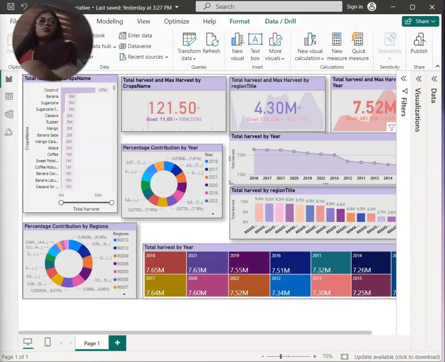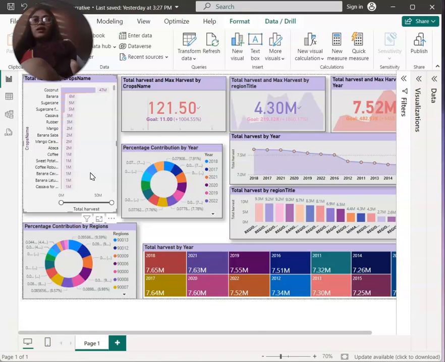Now, I am focusing on visual representations, which are much more intuitive and easy to understand. The first visualization is a bar chart, total harvest by crop name. This highlights the contribution of harvest quantities across different crops.